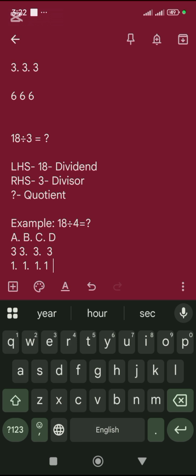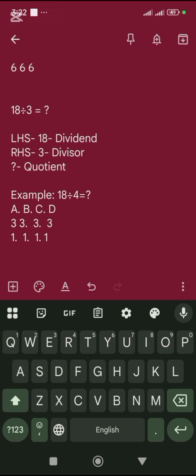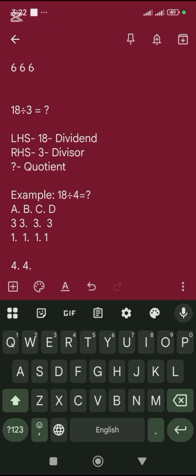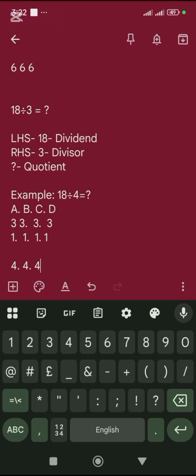It means that in total, group A will receive 4, group B will receive 4, group C will receive 4, group D will receive 4. And 4 plus 4 is 8, plus 4 is 12, plus 4 is 16. This 16 means that we have a remainder.